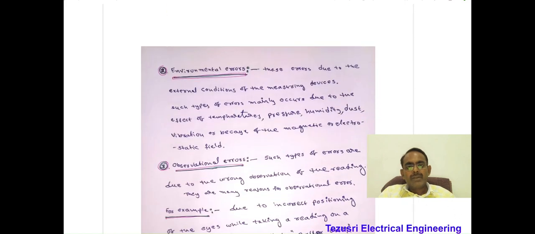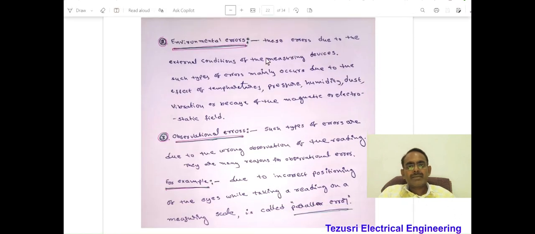Next, environmental errors. These errors are due to the external conditions of the measuring devices. Such type of errors mainly occurs due to the effect of temperature, pressure, humidity, dust, vibration, or because of the magnetic or static effects.